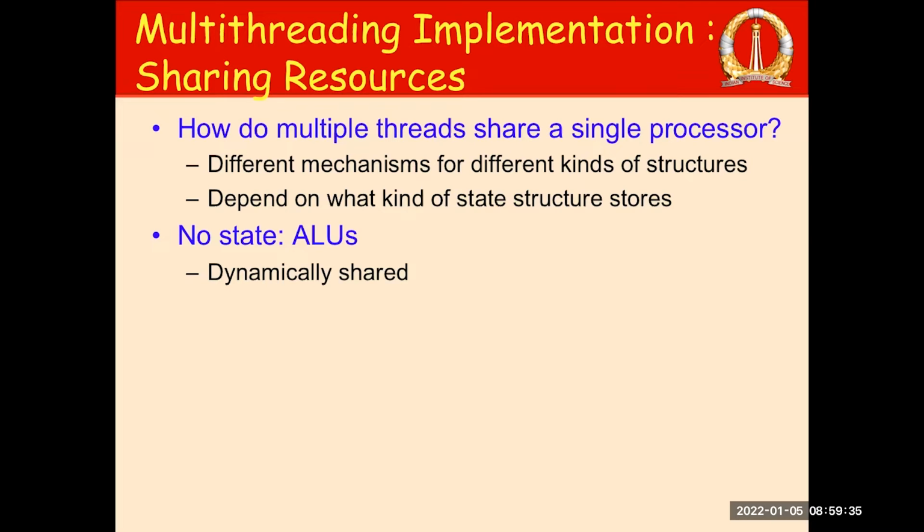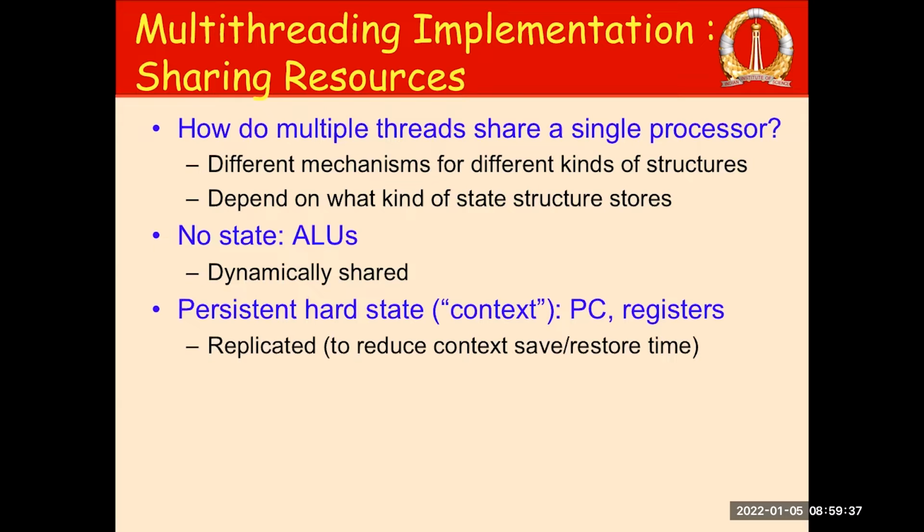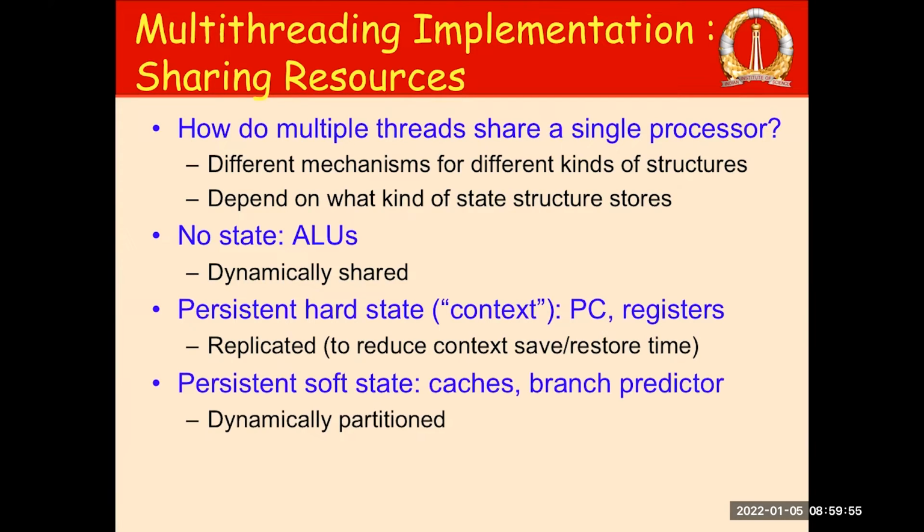Whereas when you talk about a persistent hard state like the program counter and registers, and as I mentioned in the previous slide, they are replicated. Each thread has its own set of register file, and program counters and so on. Certain other persistent states, which are soft persistent states like caches and branch predictors, right? They are partitioned and they are dynamically partitioned.